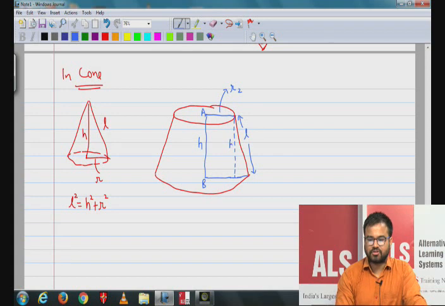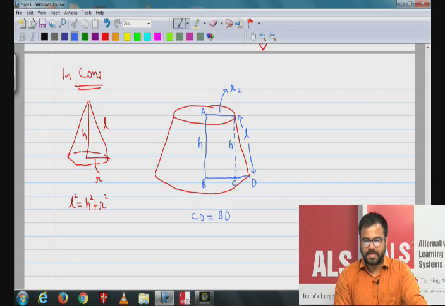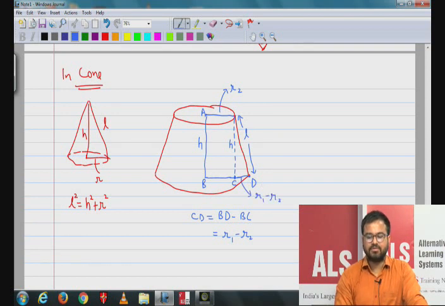Let's say this is D and this point is C. So distance CD is nothing but BD minus BC, which is R1 minus R2.